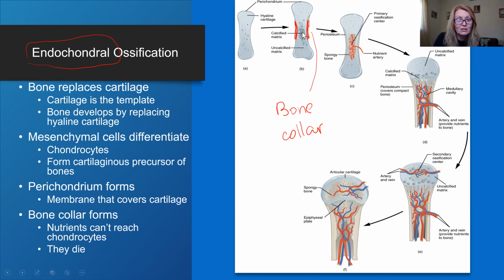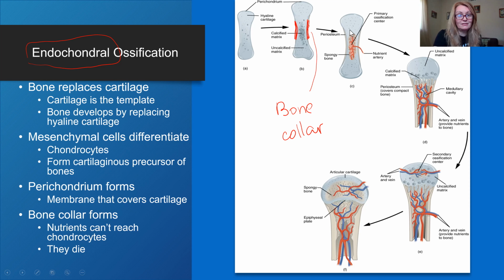So mesenchymal cells form cartilage. Okay, good. Then some mesenchymal cells differentiate into osteoblasts. And these osteoblasts start secreting bone, making a bone collar, killing those chondrocytes.